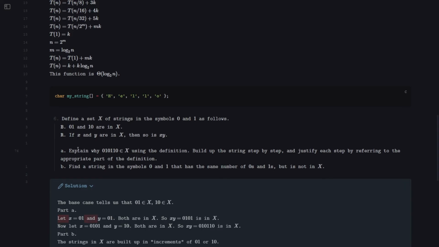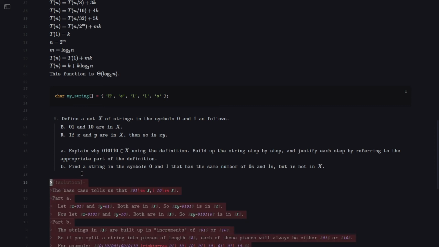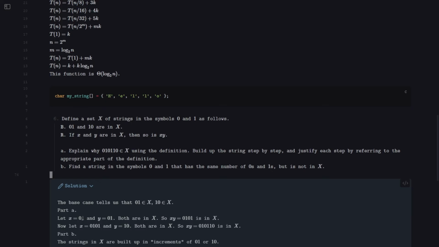This is true because both 0 1 and 0 1 again are in X. Now xy looks like a multiplication, but when you're dealing with strings, this is actually a concatenation, which means put all the symbols in x, and follow them up by all the symbols in y. So x had 0 1, so you take 0 1, and then you take the characters in y, which are also 0 1. So xy is going to be 0 1 0 1. This is the x part here, and this is the y part here.